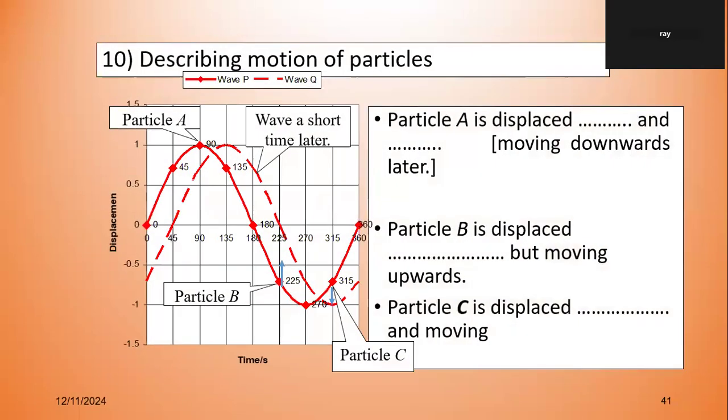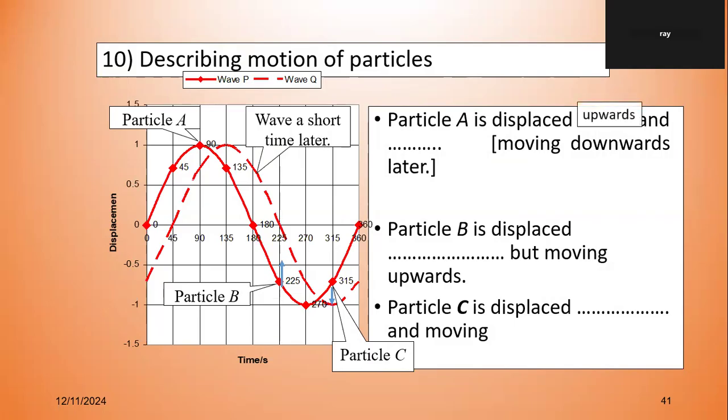Okay, we are going to describe the motion of the particle as the wave passes through. So particle A, what does it display? Upwards, so it's up there.